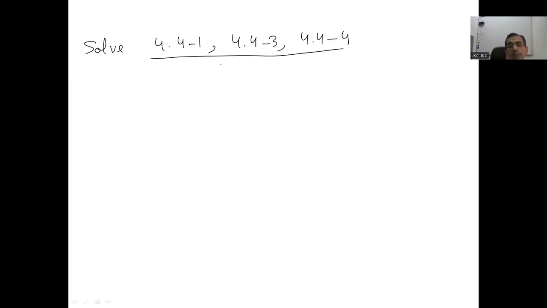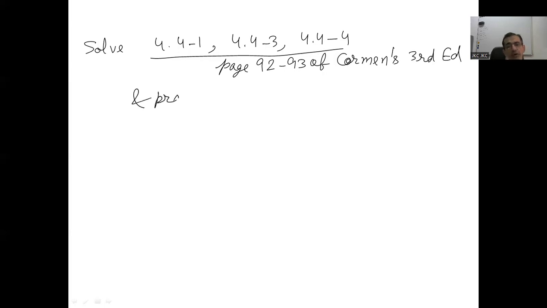These are given on pages 92 and 93 of Cormen's third edition. In the second edition, the page number will change, but you must practice these and many more. So this will give you good confidence to solve using the substitution method as well as using the recursion tree.